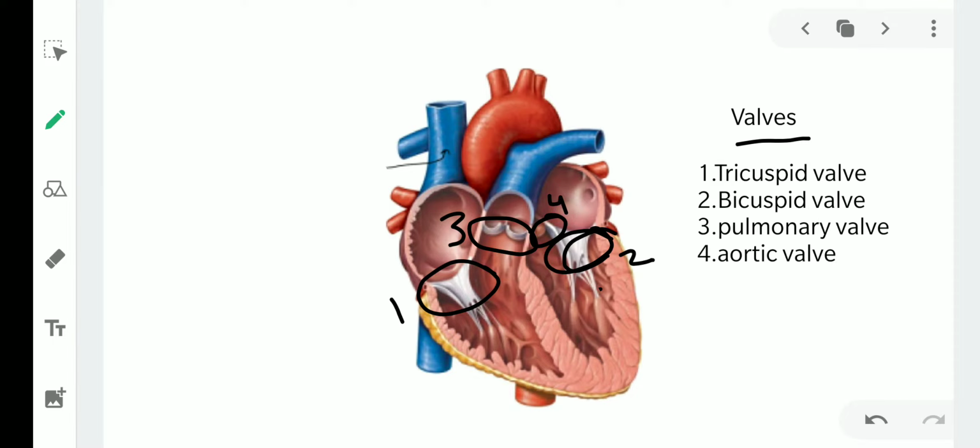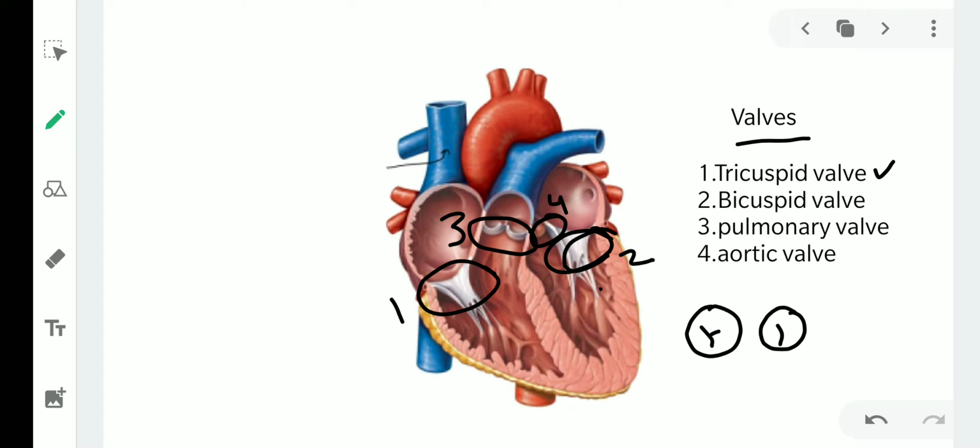The first one is the tricuspid valve, as it has three cusps somewhat like this. The second one is the bicuspid valve, as it has two cusps like this.